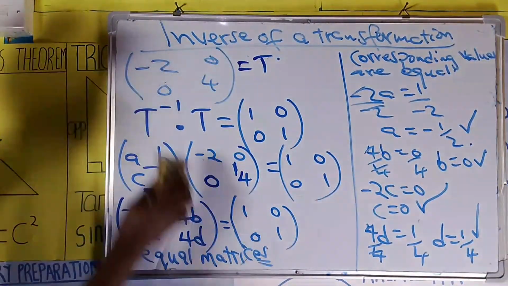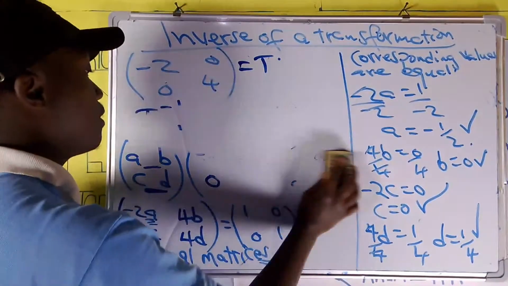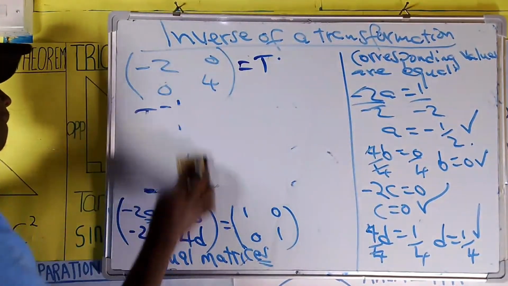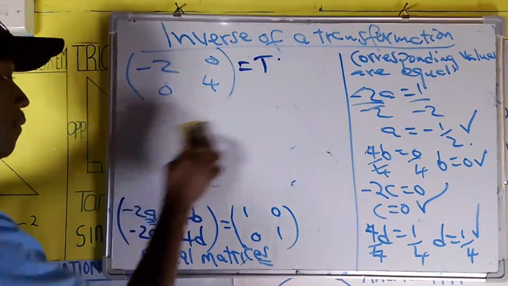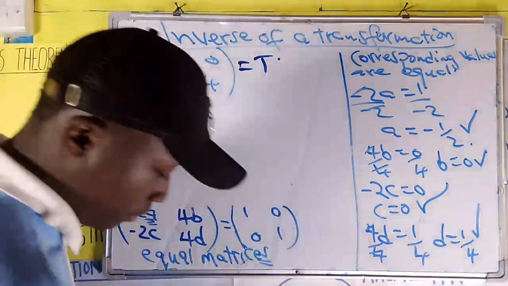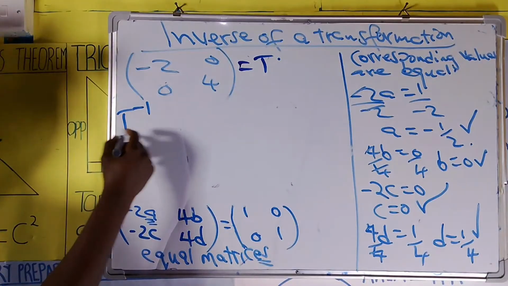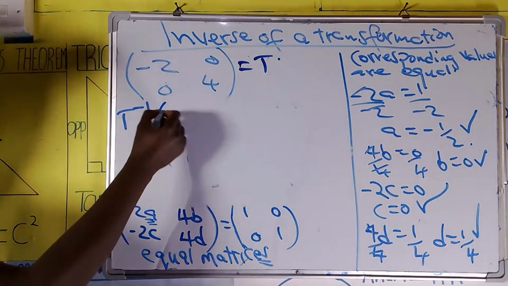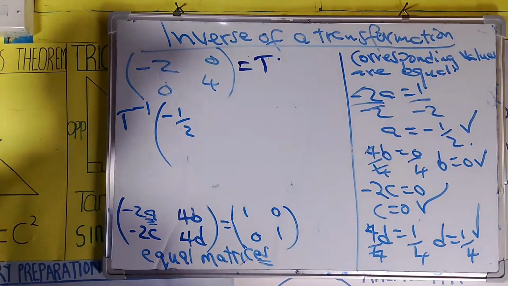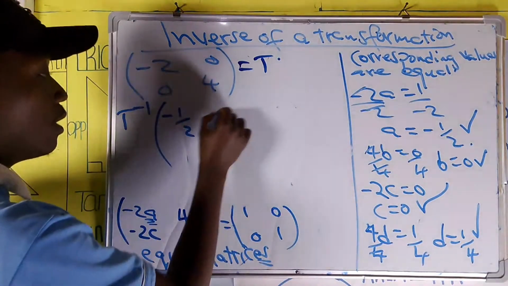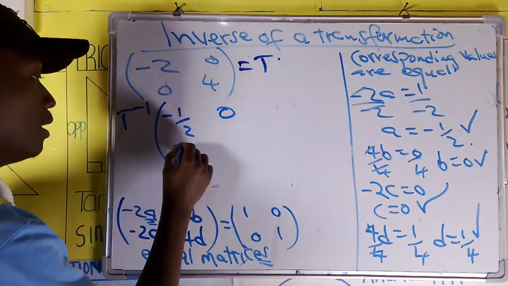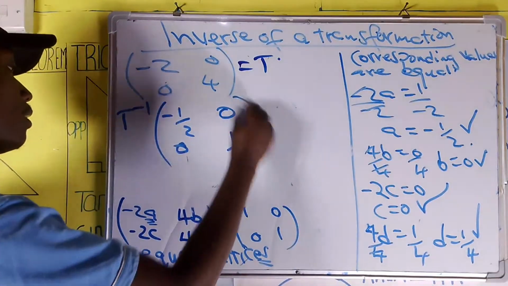Therefore, our T inverse will be: what is our a? Negative a half. Our b is 0. Our c is 0. Our d is a quarter.